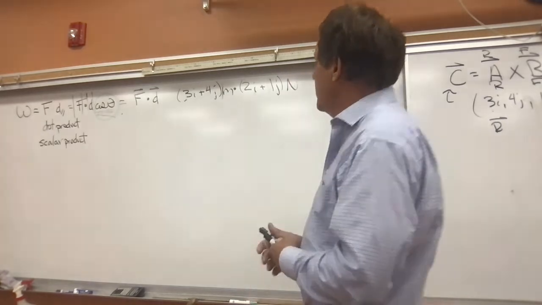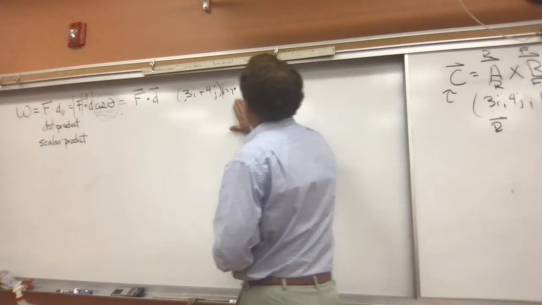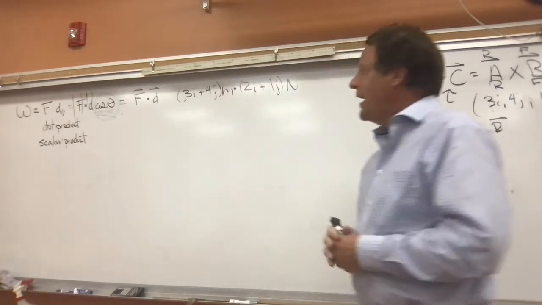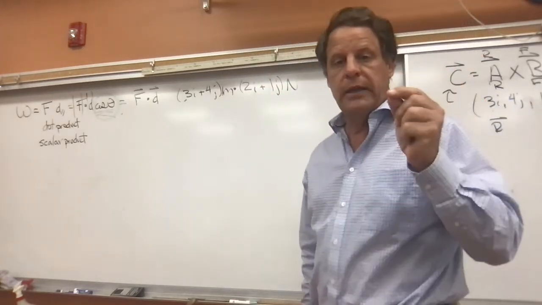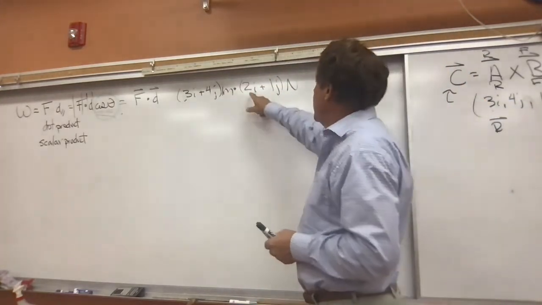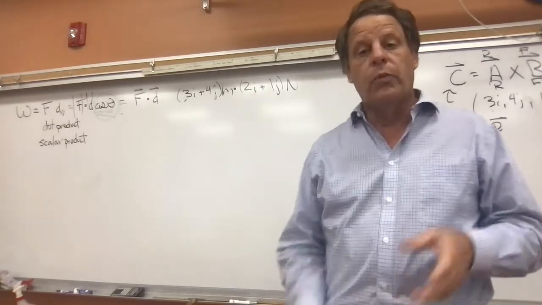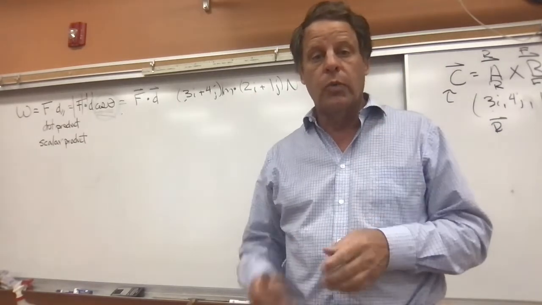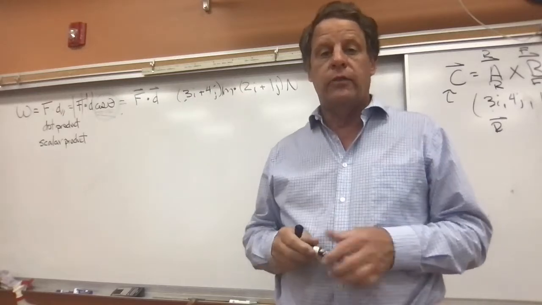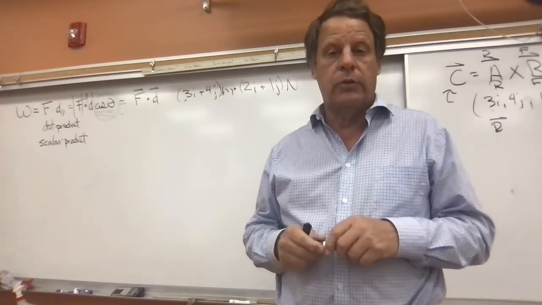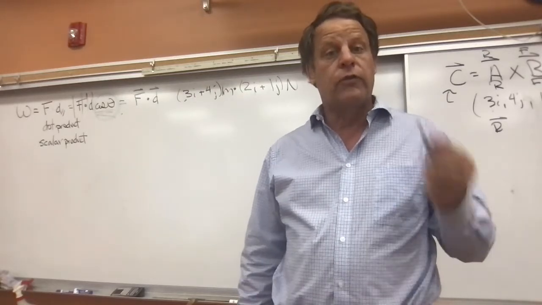What we've got up here, for example, is 3I, 4J, which would be, let's say, in meters, and 2I, 1J in newtons. If we wanted to calculate the work, we could multiply these two vectors. Really, what we'd have to do here is just FOIL this.